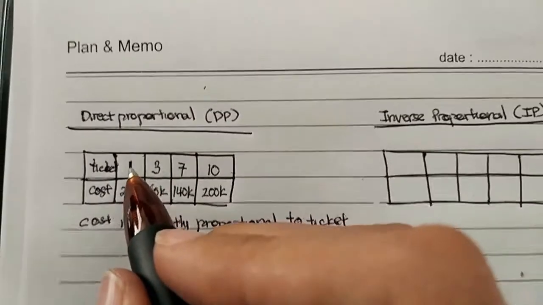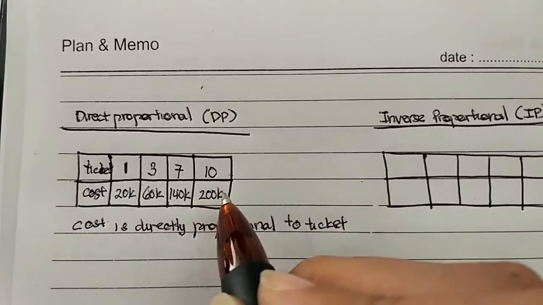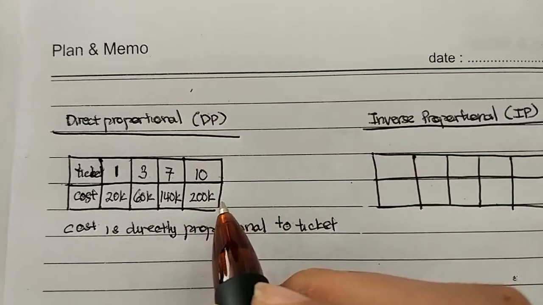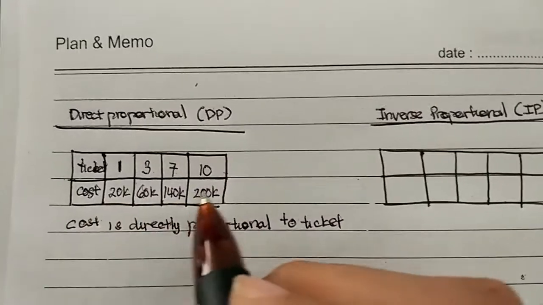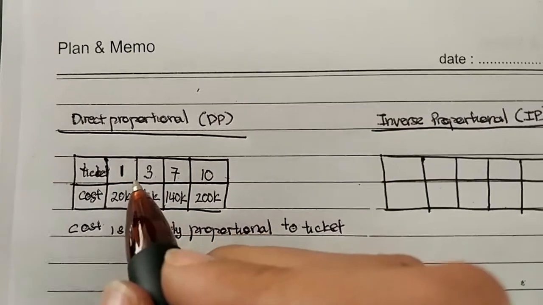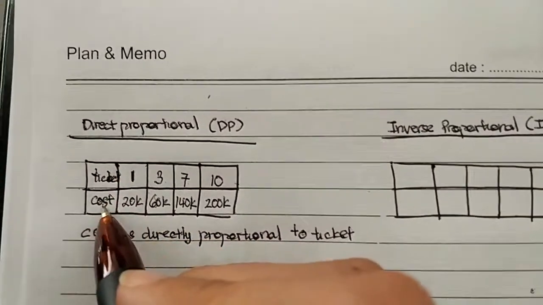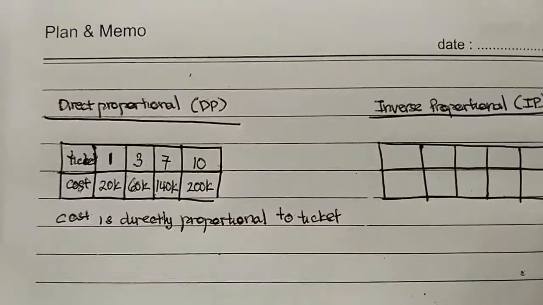Why? Because when the ticket is going up, the cost will go up. And if we read it from right to left, it's going down. For the cost, the ticket will also go down. So the relationship between ticket and cost is directly proportional.